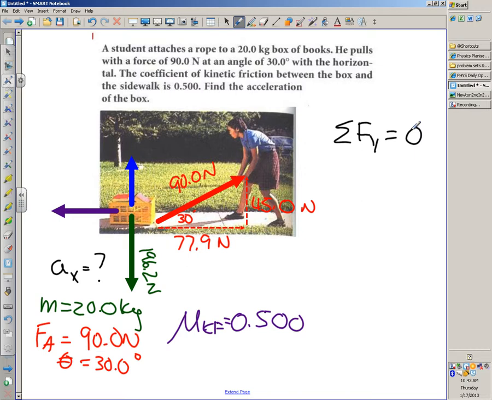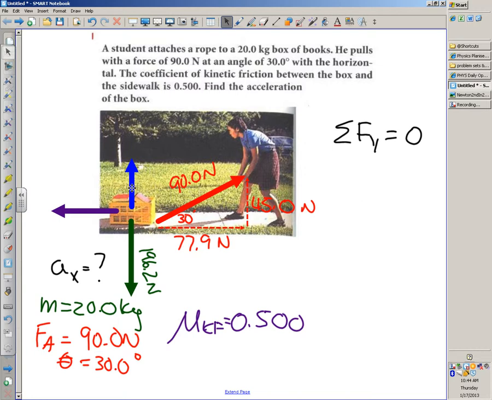So, in order to find the normal force, we take a look at our vertical forces. How many vertical forces are there in this picture? Three. You've got gravity downward, the vertical component of the applied force upward, and the normal force upward. Two forces up, one force down.